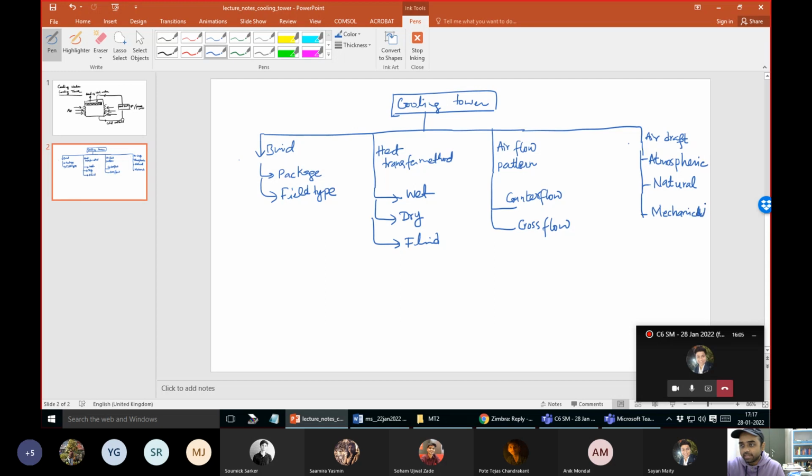So in this mechanical type of draft, there are again two types. One is known as the induced draft, and another is known as the forced draft. Okay. Let us go into the different classifications one by one.